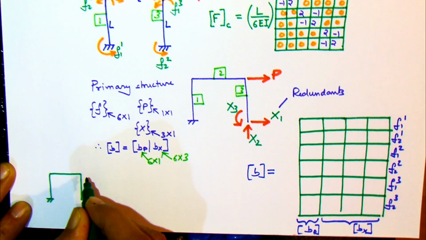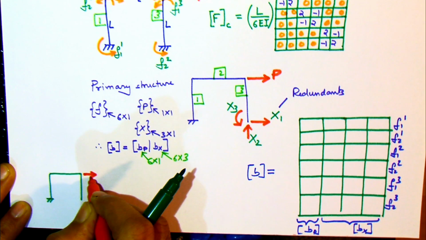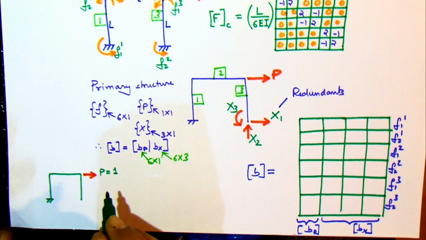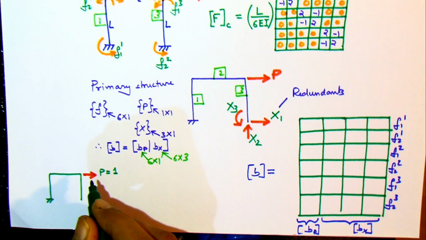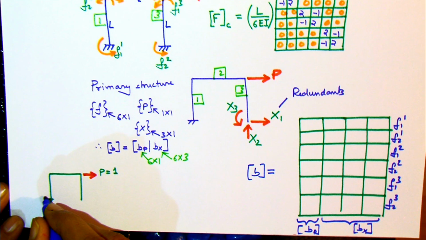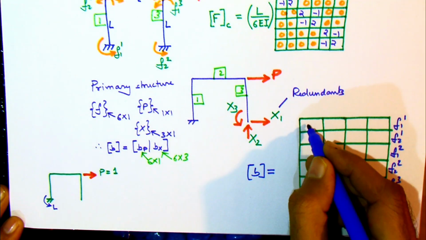As part of the procedure, we now consider the primary structure to be acted on by a unit force P equal to 1, and under this condition we can obtain the various internal forces, and these are shown here in this figure. So only the left vertical column will have the bending moments and all other members will not have any bending moment in them.